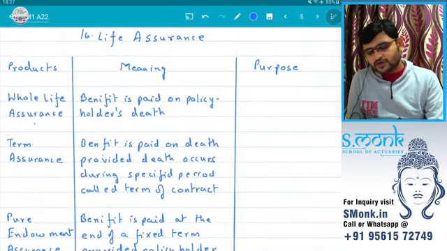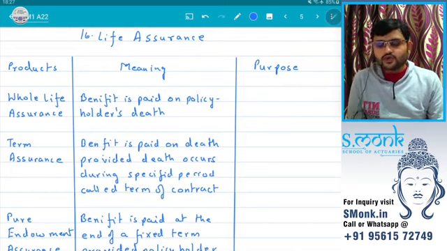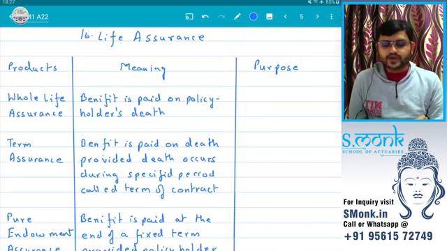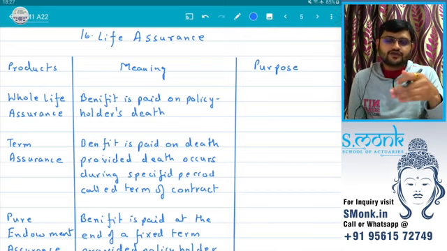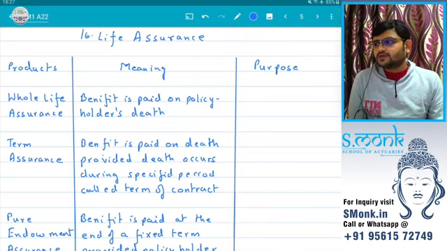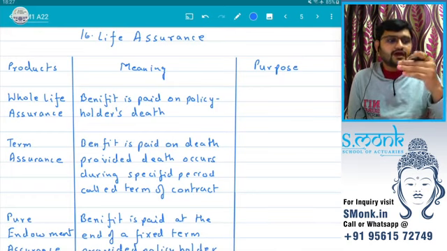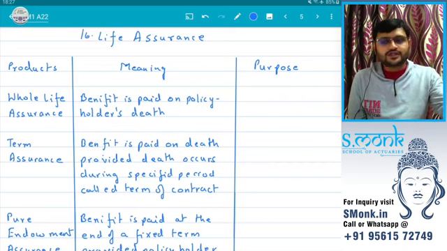First, let's talk about whole life assurance. Usually, whole life assurance can be taken at any age, right? But after a certain age, the person might have a lot of money and, in the near future, would need to pass on that money.